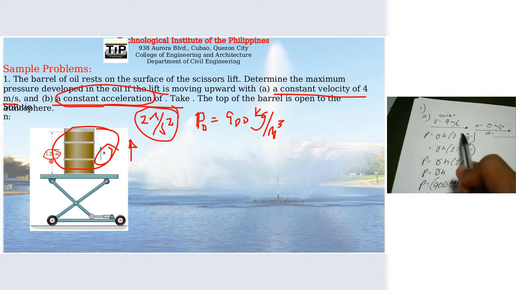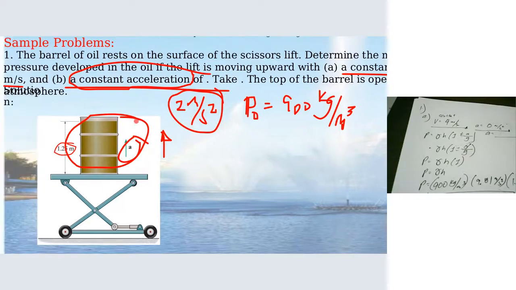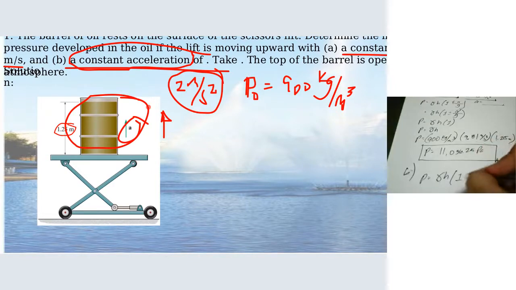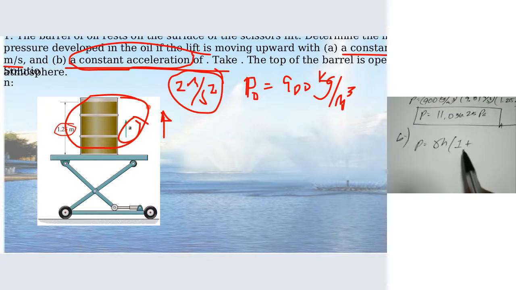For the use of a sign convention, or use of operation rather, we base it on the direction of the vessel. So in number 1, we have a vessel that's going up. If it's going up, then we use positive or plus. If it's going down, then we use minus. So in this case, we use plus. So A over G.